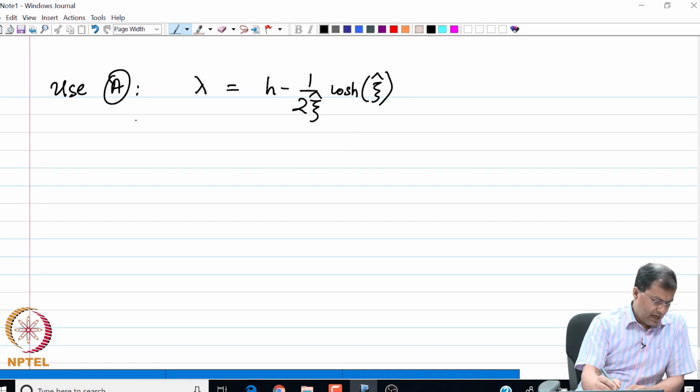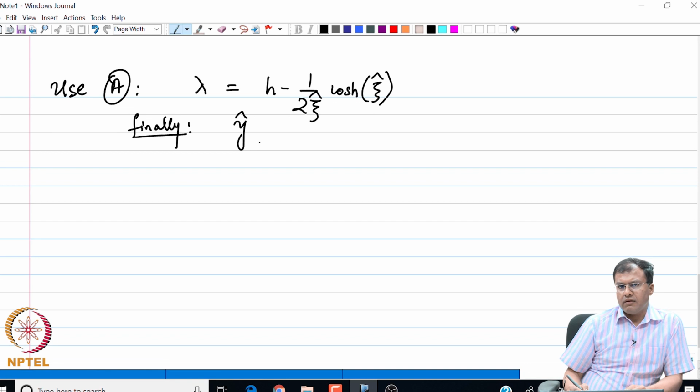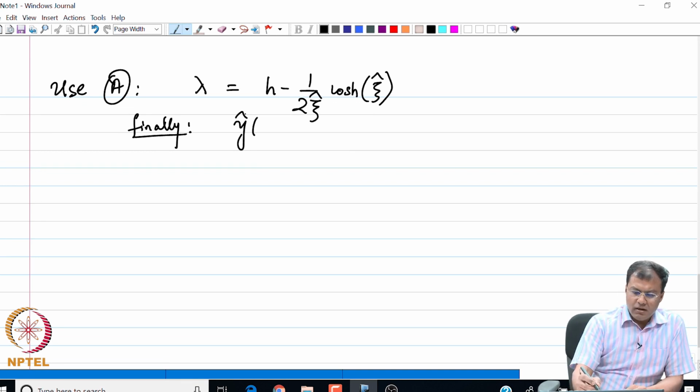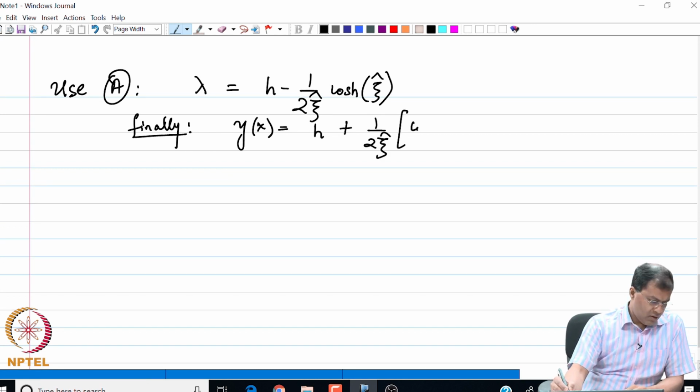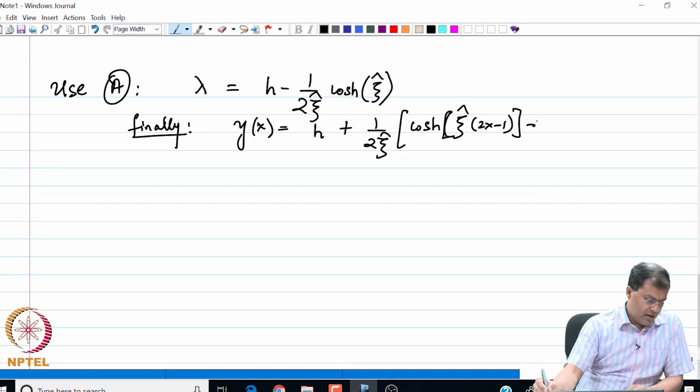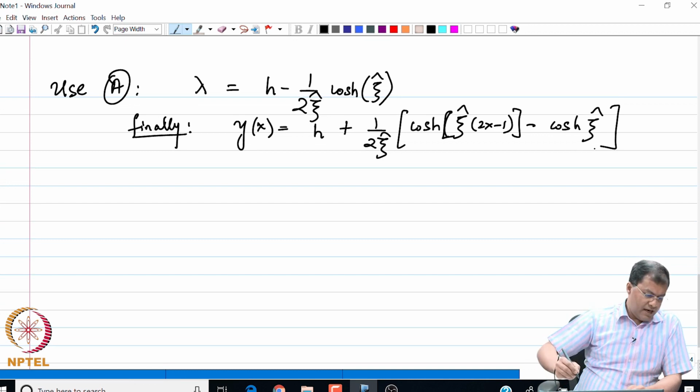And finally, since all of my constants kappa 1, kappa 2 and lambda have been determined, my solution y of x comes out to be the following: h plus 1 by 2 xi hat times the quantity cosh of xi hat times 2x minus 1, minus cosh of xi hat.